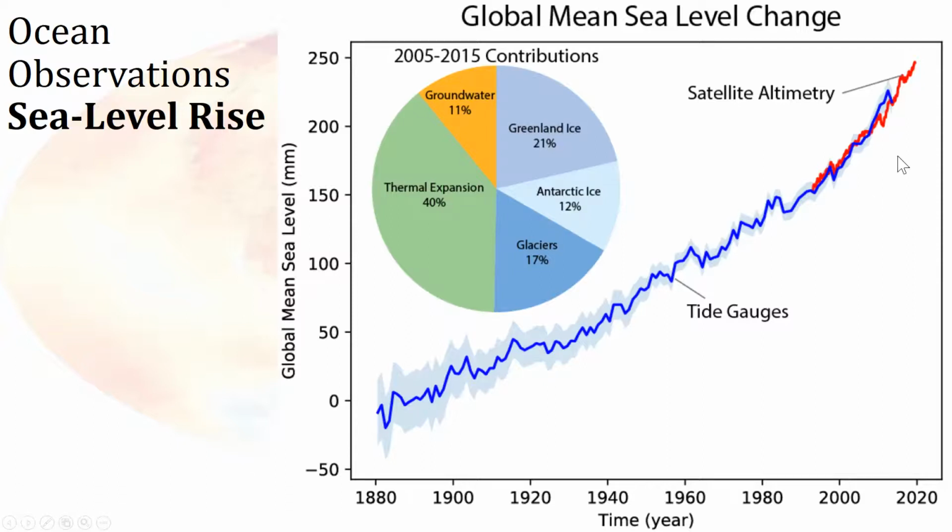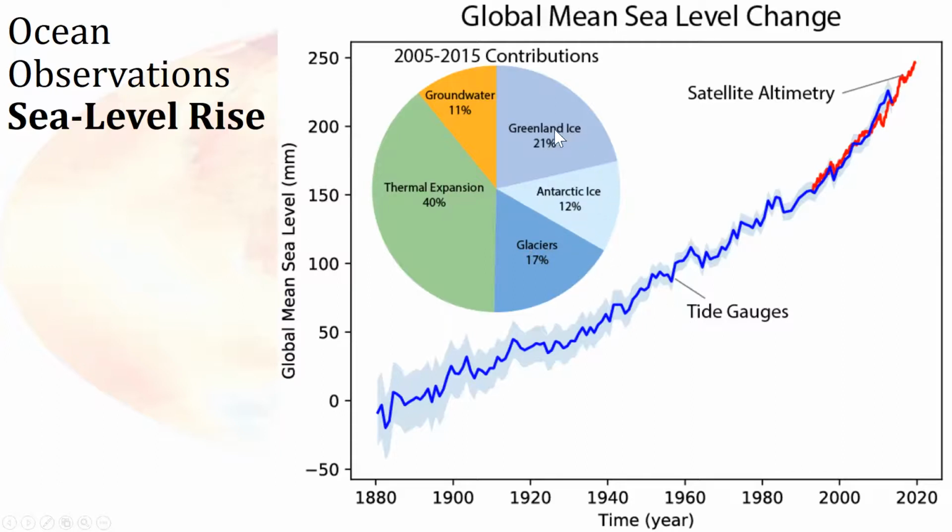So these are our observations, and this is our best understanding right now of the contributions to that. So thermal expansion is 40%. So that 25 to 30 millimeters is about 40% of the sea level rise that we've observed, at least from 2005 to 2015. We have glaciers melting, contributing some, but it's not the majority, right?